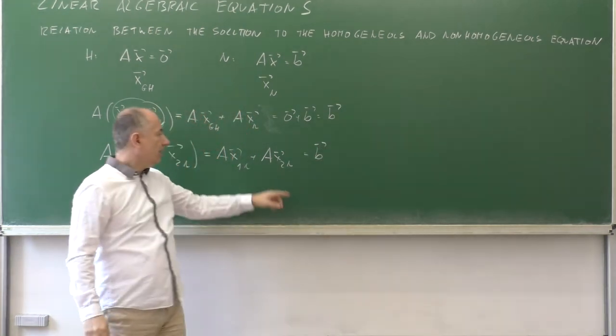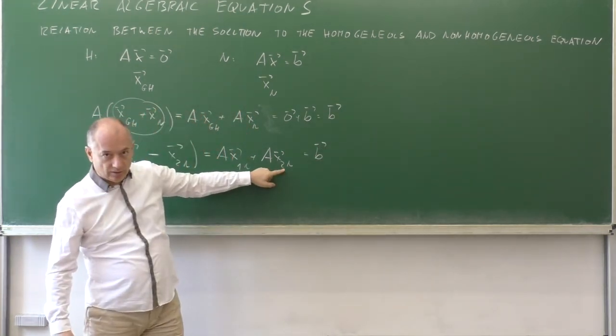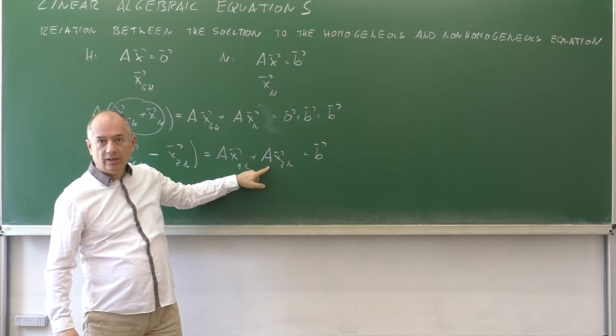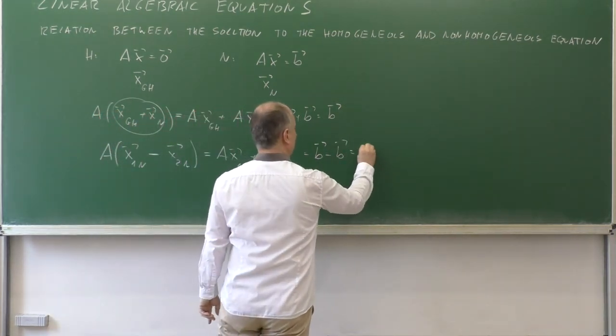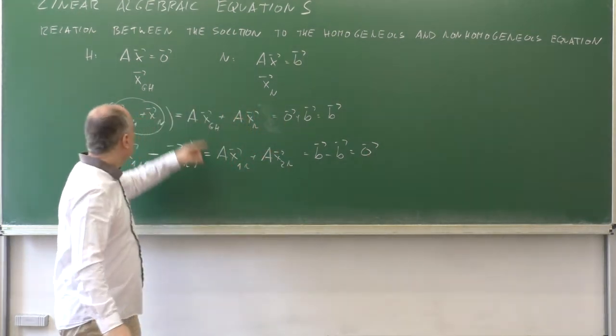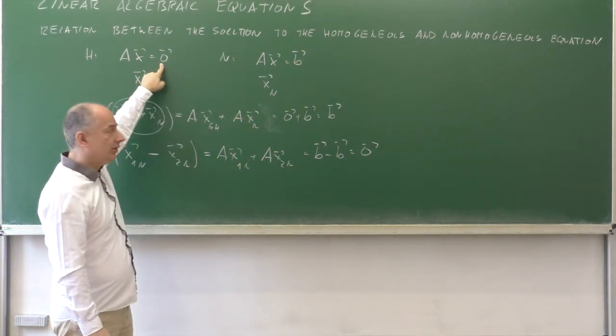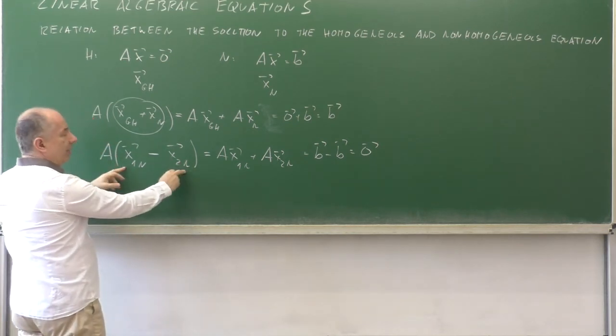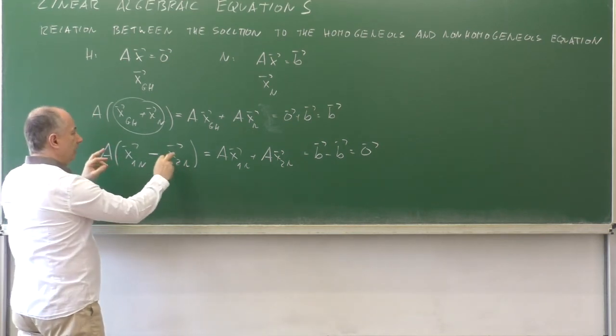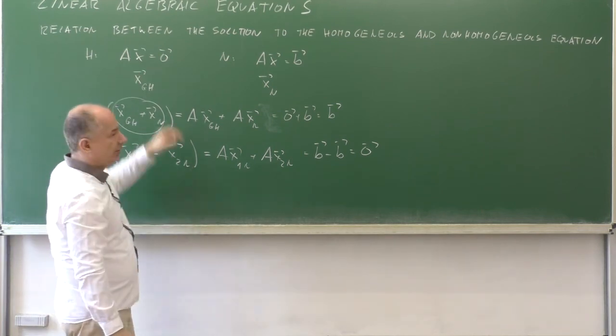And similarly, if this vector solves the system as well, then when multiplied by A, we get again b. And b minus b is 0. And that's the left-hand side of the homogeneous system. So this difference may be non-zero, they may differ, but not too much. They differ just by the solution to this system.